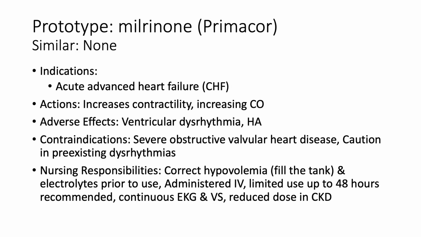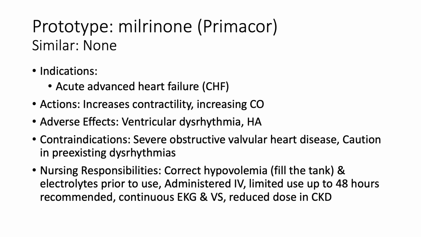Okay, so milrinone. Milrinone is a phosphodiesterase inhibitor, and it's used for severe advanced heart failure. Okay, so this is not a common drug that we would use. When we think of all those inotropes, someone in the ICU, milrinone could be used for congestive heart failure.